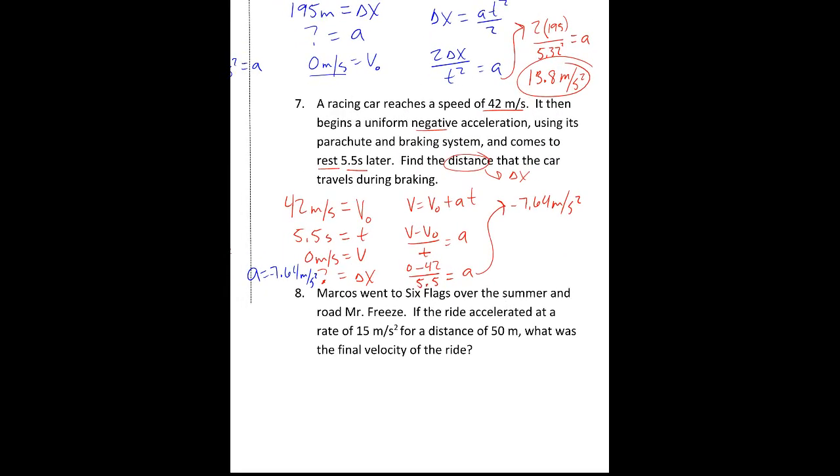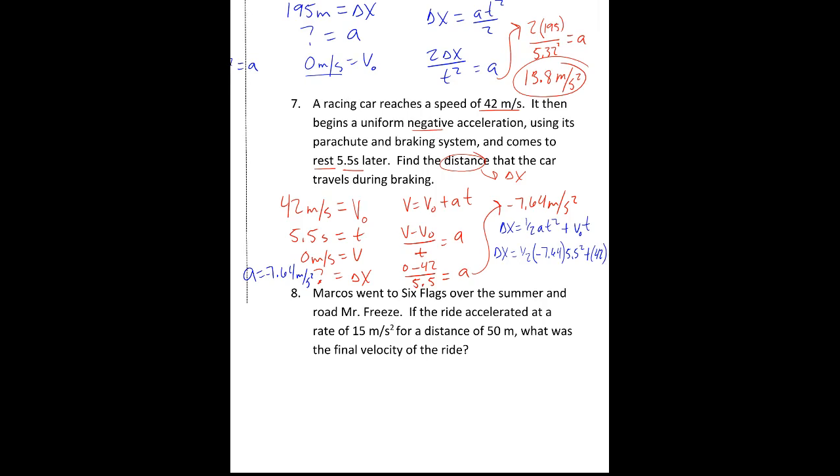So I'm going to use delta x equals 1/2 at squared plus v naught t. So delta x is going to be equal to 1/2 times a negative 7.64 times my time squared, which is 5.5, I'm going to square that, plus v naught t, which is 42 times 5.5.